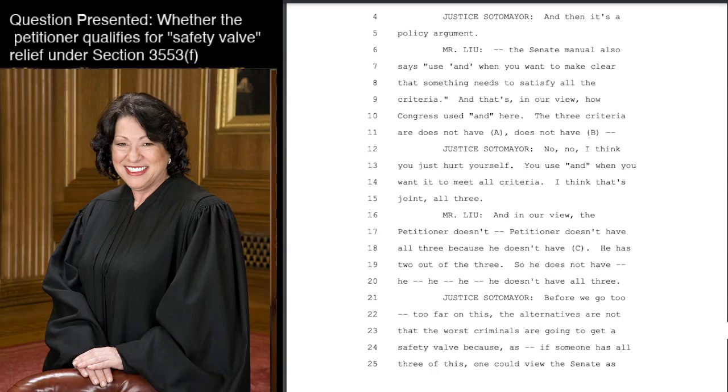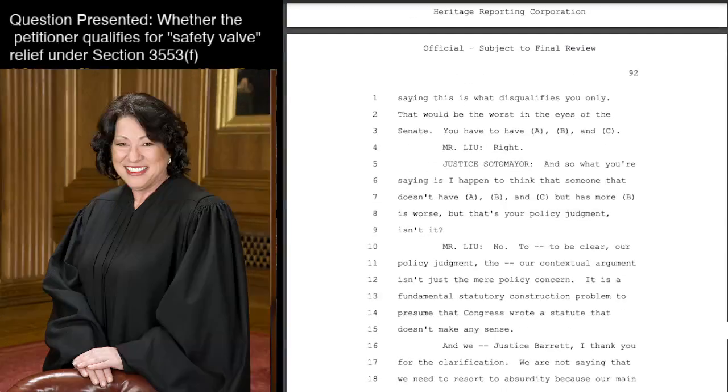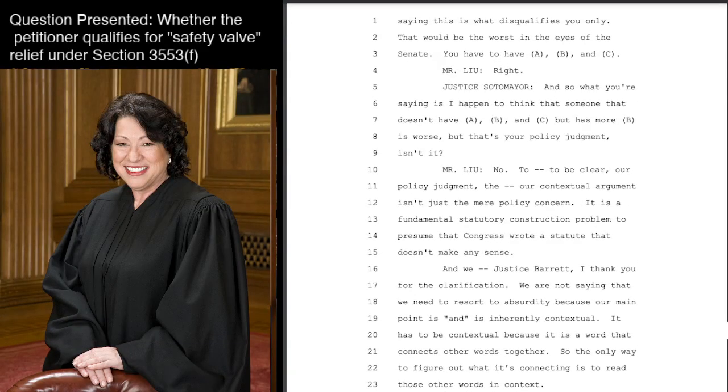Before we go too far on this, the alternatives are not that the worst criminals are going to get the safety valve, because if someone has all 3 of this, one could view the Senate as saying, this is what disqualifies you only.